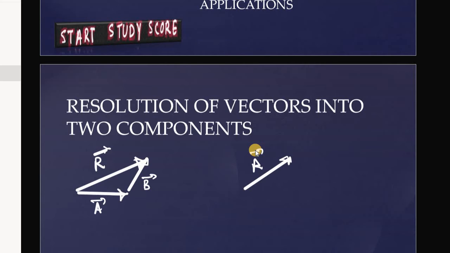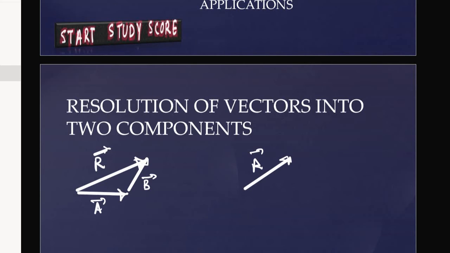So if a vector R is given, I can also find out its components, which will be A and B. The resultant vector will give the component vectors A and B. So this is all about resolution of a particular vector into two components. When I have given R vector, I can resolve it into two components which will add up to make the R vector.